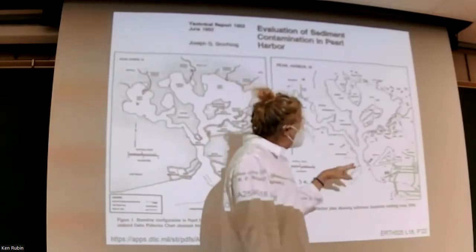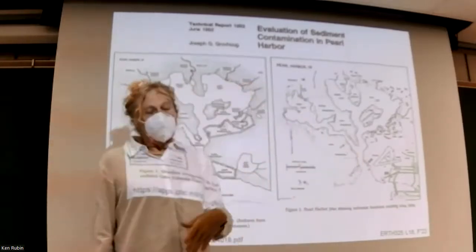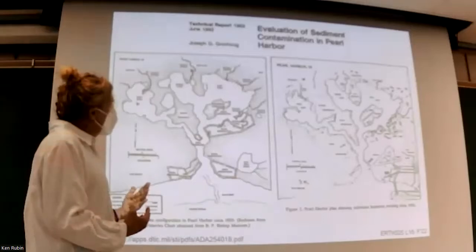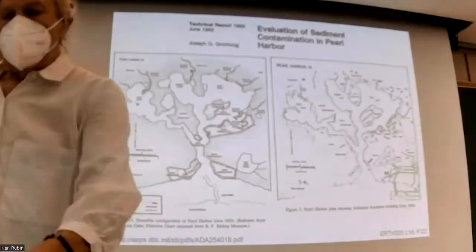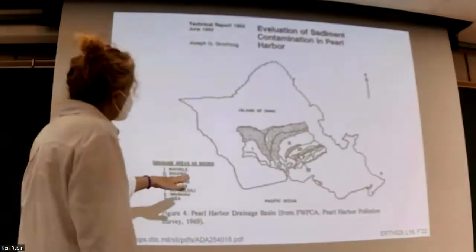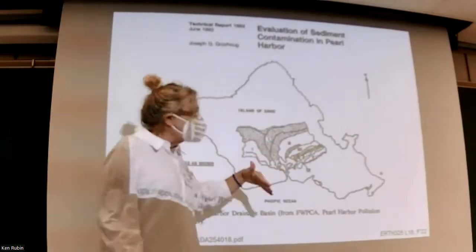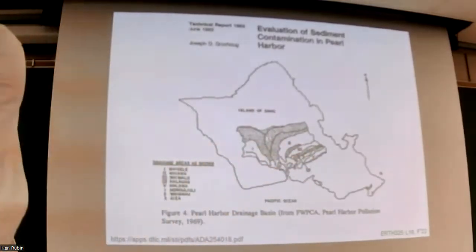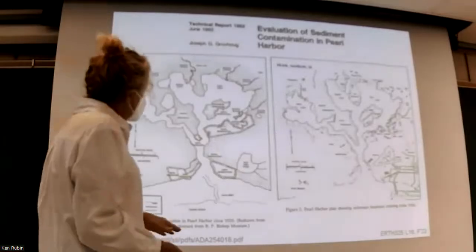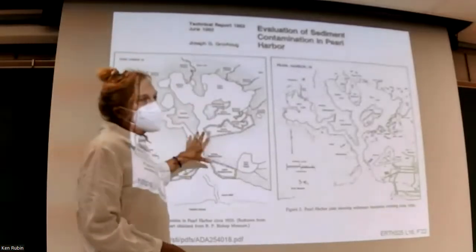And again, this transition might cause us to anticipate that we see differences spatially because of the different land use practices in the watersheds, but also temporally because of the changes in the way land use practices around the harbor have changed in time.